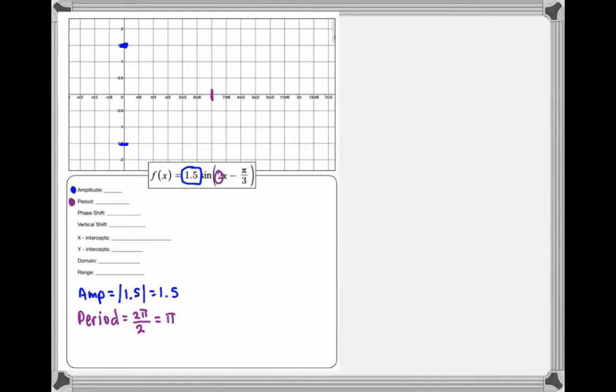If I imagine a box that is going to capture the sine wave in its first cycle before it repeats itself, this is what it's going to look like.